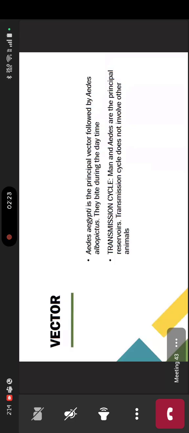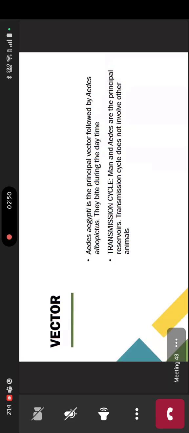So dengue is a virus. First of all, let's clear that. Dengue is a virus under the family arboviruses, and it causes the disease which is known as dengue fever. A patient suffers from high fever along with various other symptoms, such as vomiting, nausea, joint pain, headache, body pain, right?